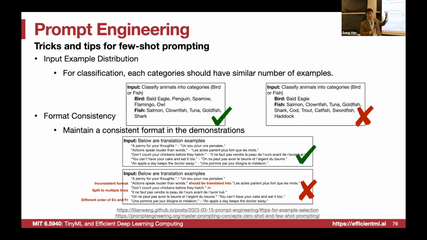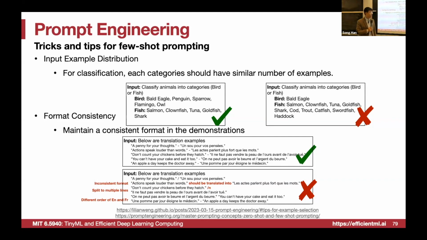And the format, you try to make the format consistent when doing few-shot prompting. So the input below are translation examples, a penny for your thoughts, translate this sentence, and they're using a very consistent format for each of the examples here, using the dash to separate the 2 languages, right? Using the same format.